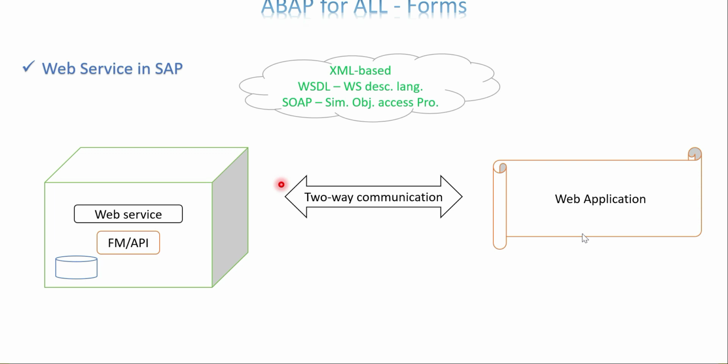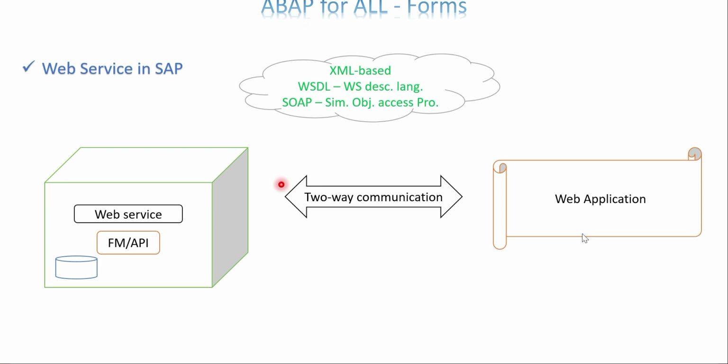And some additional information. As I mentioned, this is going to be an XML based communication, and technically we call it WSDL. It's a web service description language, I think.